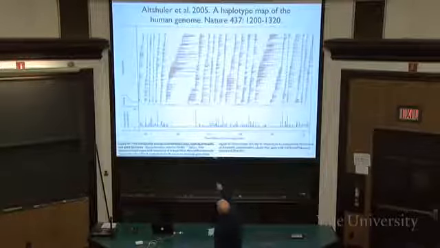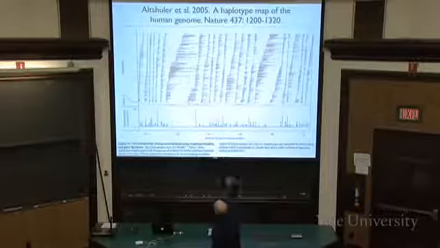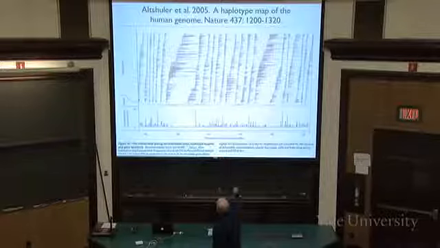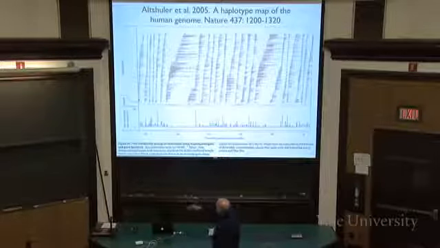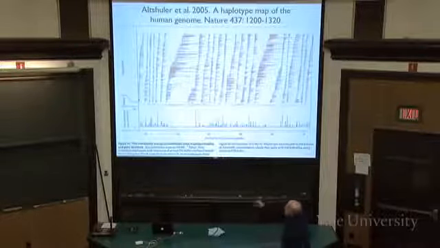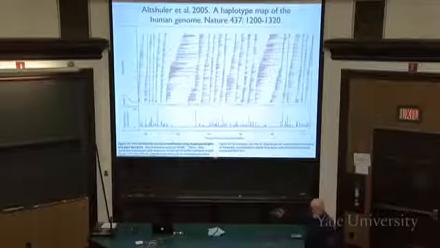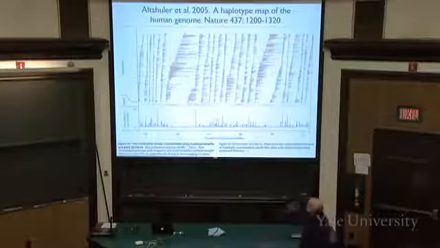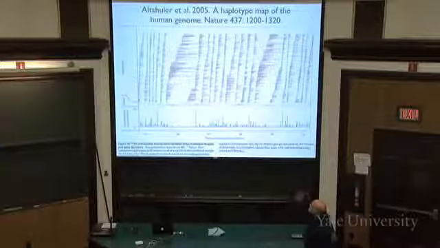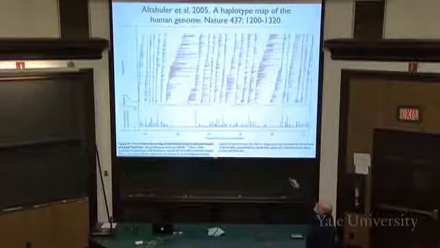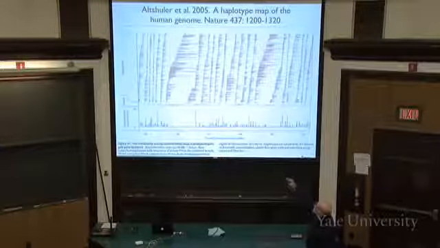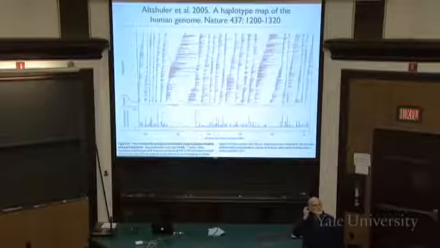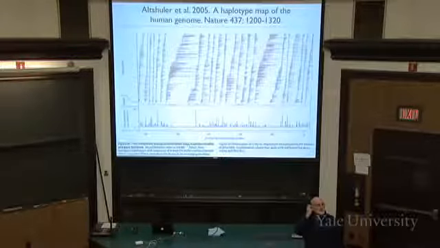So you can see breaks in this upper diagram here, showing places where the recombination rate is pretty high. So remember, this was done over the entire genome, all of our 23 chromosomes. I am only showing you one tiny part of one chromosome here, and there are actually 650,000 of those blocks that have been identified now in our genome.